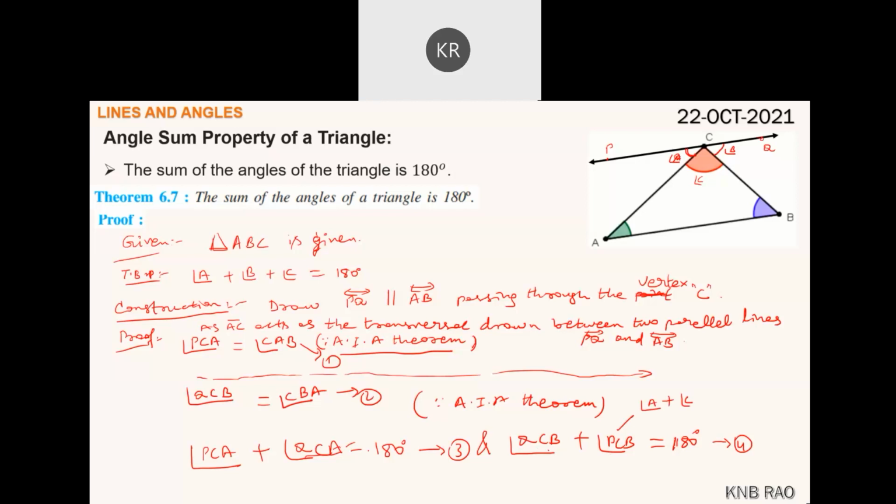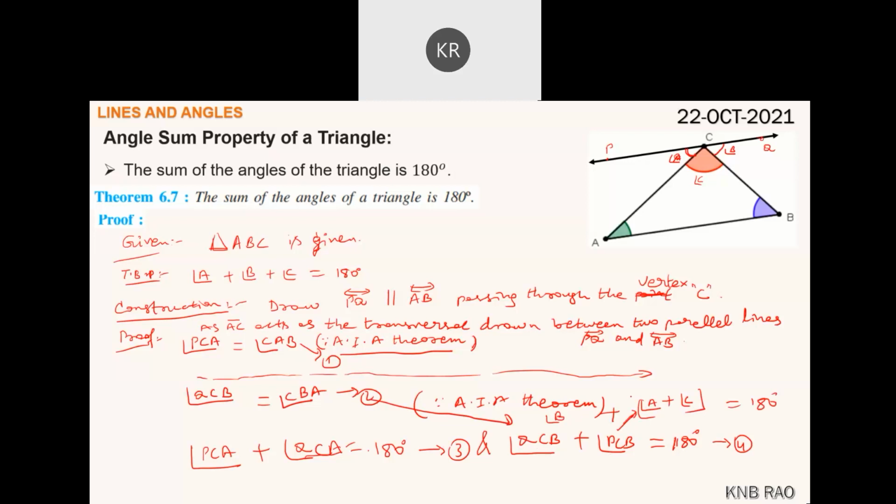What is angle QCB? Angle QCB, we proved that it is CBA, angle B plus angle C. Since this is the sum of angle A plus angle C and this is angle B, thus angle B plus angle A plus angle C is equal to 180.